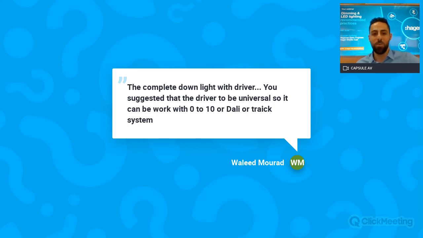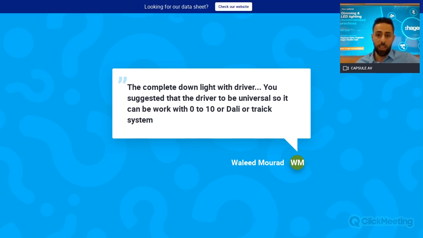We have good questions. For the complete downlight with driver, you suggested that the driver be universal, so it can work with 0 to 10 or DALI or triac. No, for phase dimming it's different, but there are drivers in the market. I will mention one, TCI, for example. It's one of the branded LED drivers.